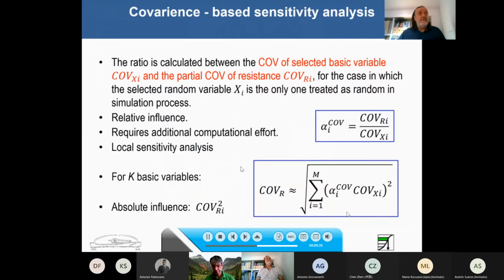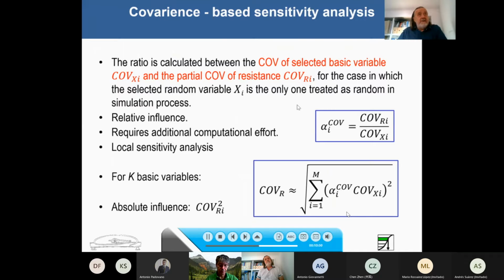Another type of sensitivity analysis is covariance-based sensitivity analysis. It's based on the ratio between coefficient of variation of selected basic variables and the partial coefficient of variation of the resistance.